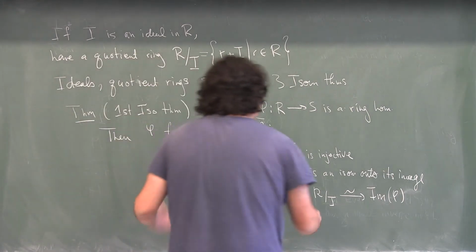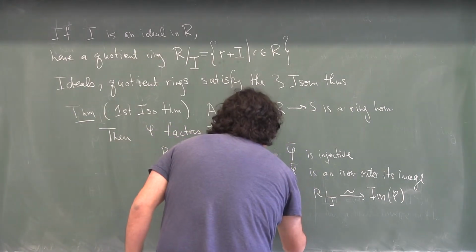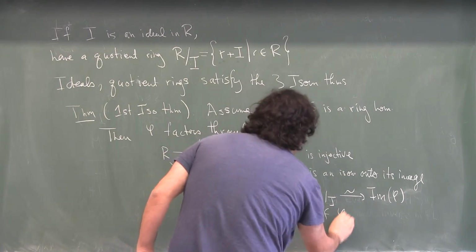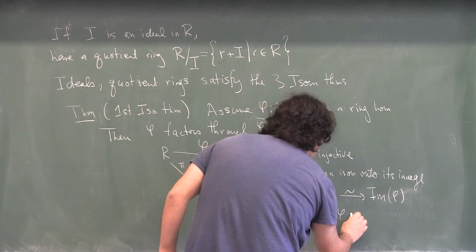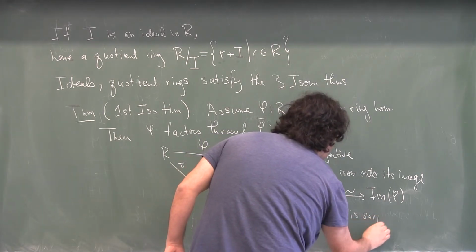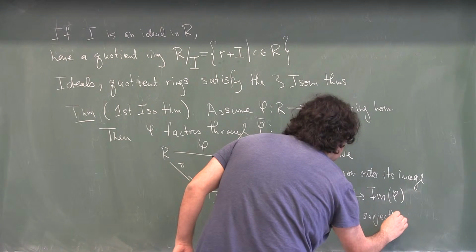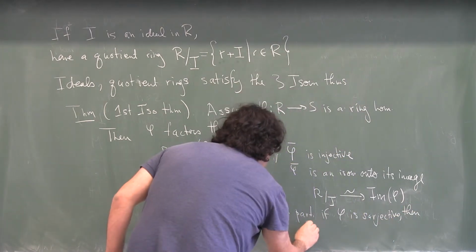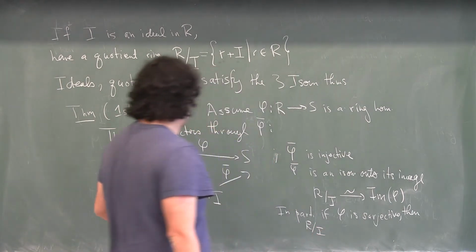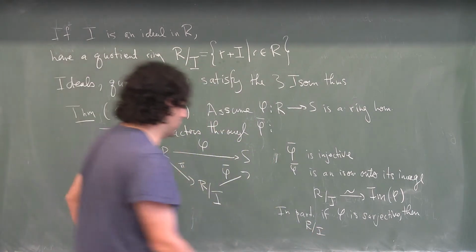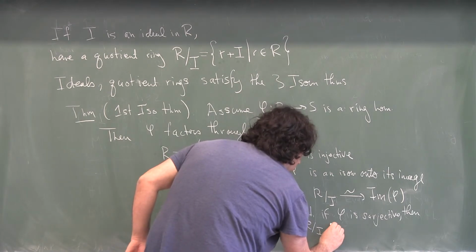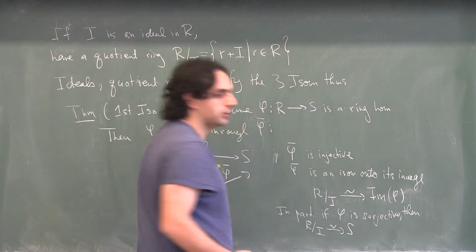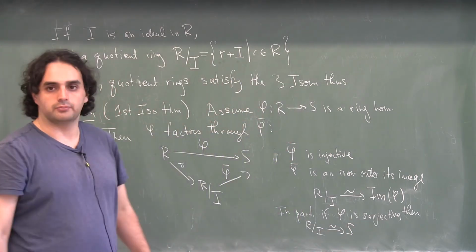And as in the case of groups, in particular, if phi to begin with was surjective, then R mod I is isomorphic to the image, which is all of S. So R mod I is isomorphic to S. Okay.